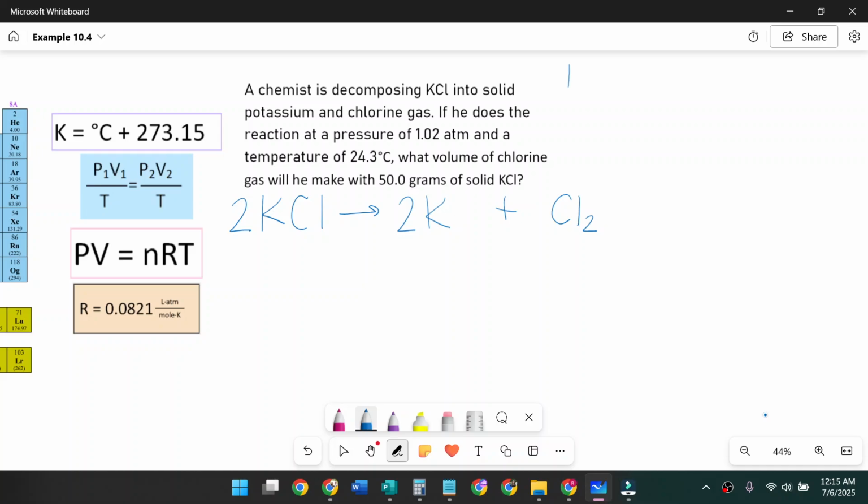We have some pressure. We have a temperature. If we're going to use any sort of gas law equation, we're going to have to modify it. So let's go ahead and do that.